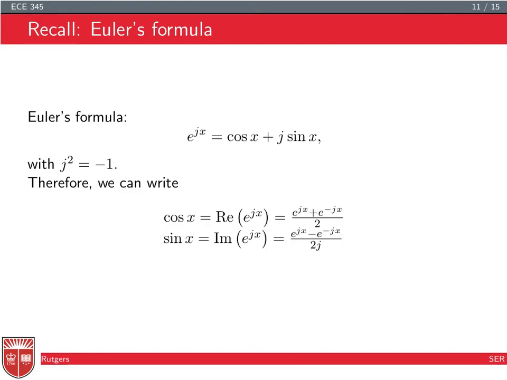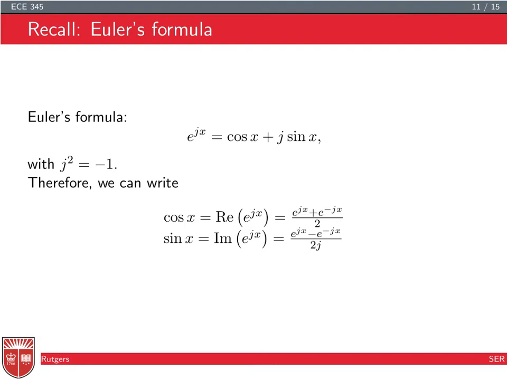The trick in finding the z transform of these trigonometric functions is to use Euler's formula, which says that e to the power jx is equal to cosine x plus j sine x. This is a super important formula to keep in mind.